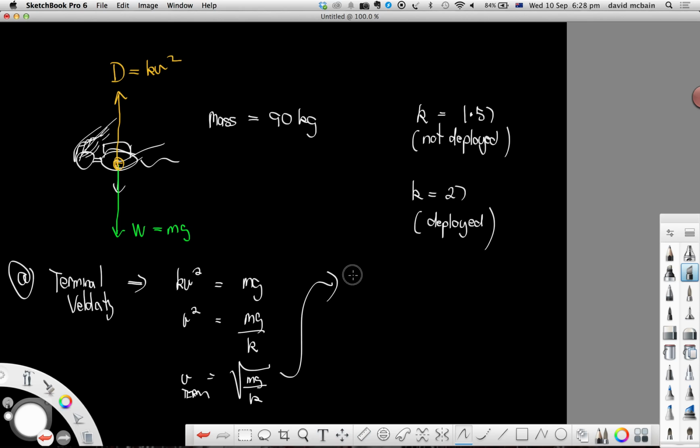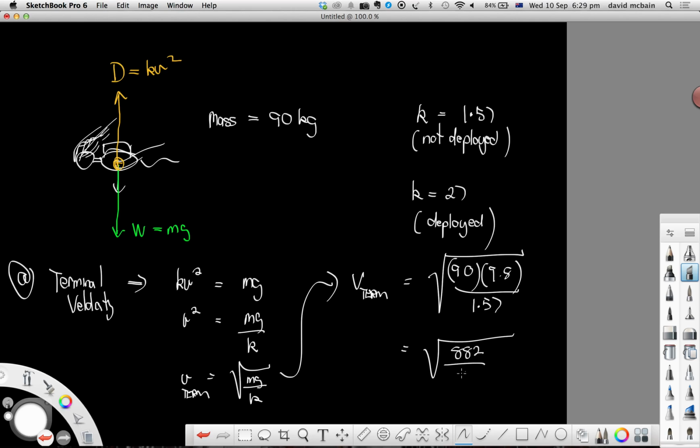So it will equal the square root of the mass, which is 90, times g, which is 9.8, divided by k. Now it's not deployed, so it's 1.57. So that will equal, 90 times 9.8 is 882, so it'll be 882 divided by 1.57, and that equals 561.8.